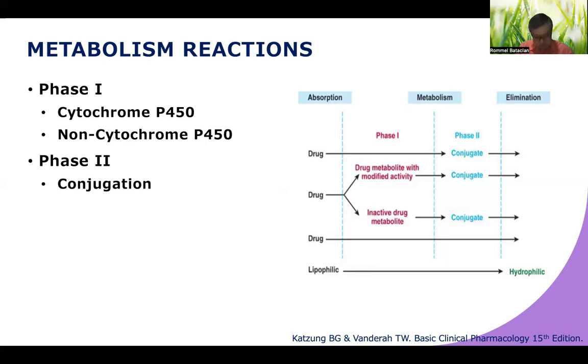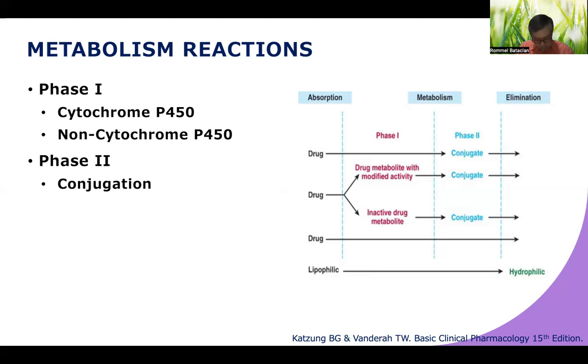Often, these metabolites are inactive, although in some instances, activity is only modified or even enhanced. So sometimes the metabolite is the active ingredient or the active form of the drug. In phase 1, these metabolites are sufficiently polar that they can be readily excreted.